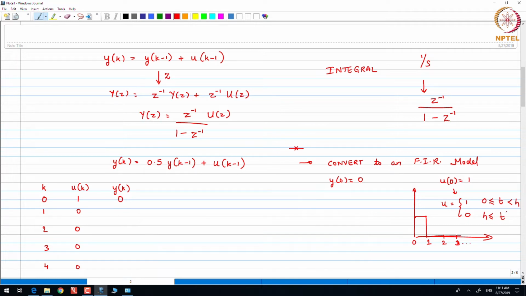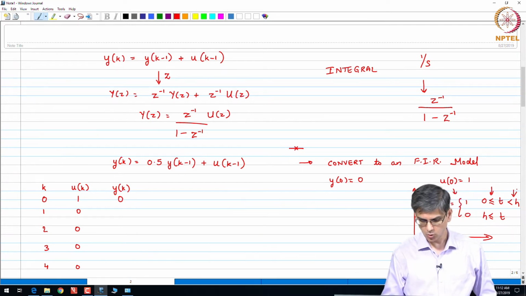So, when t is between kh to (k plus 1)h, kh included, (k plus 1)h not included. There is a less than or equal to sign over here, there is a less than sign over there. This is what you get.